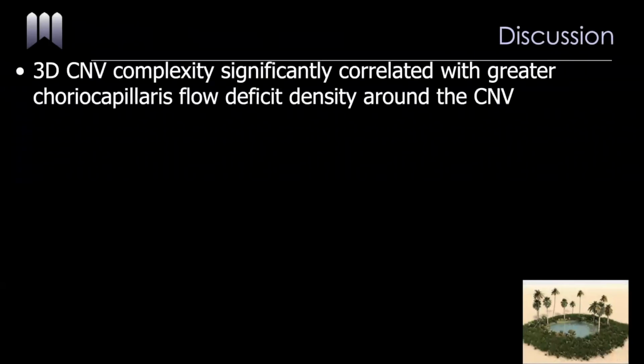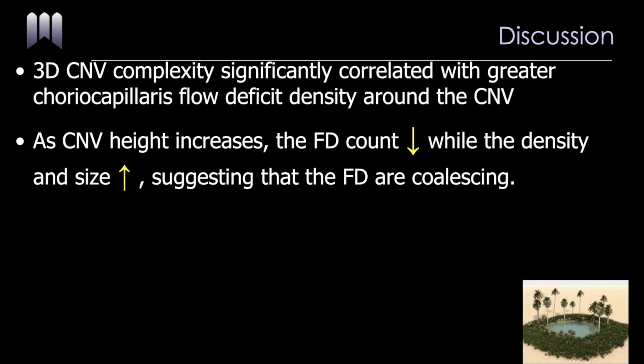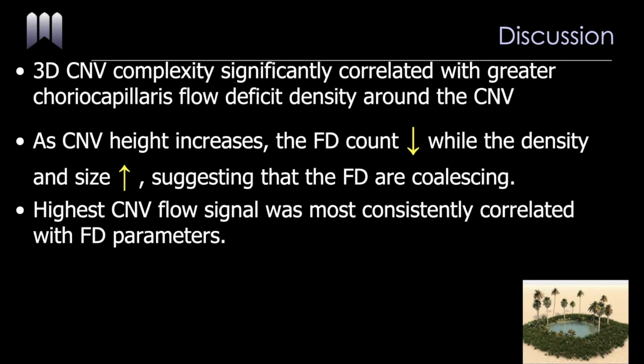Overall, we found that 3D complexity significantly correlates with choriocapillaris ischemia and flow deficits. As the height of the CNV increases, the flow deficit count goes down, but the density and size go up, suggesting that they're coalescing into larger and larger ischemic areas. And the flow signal height was the most correlated with FD parameters.